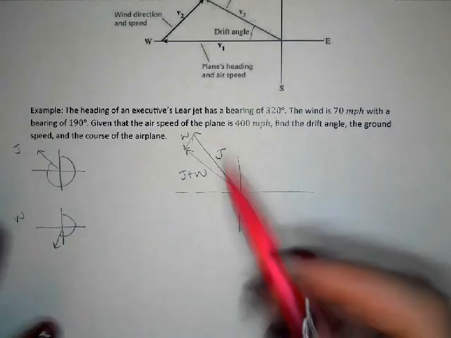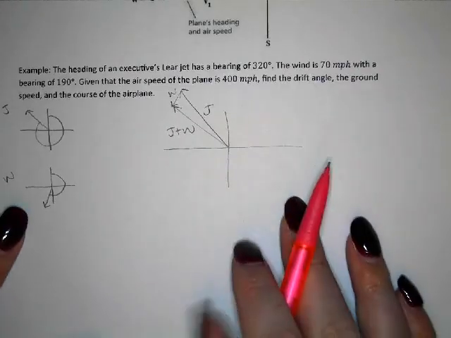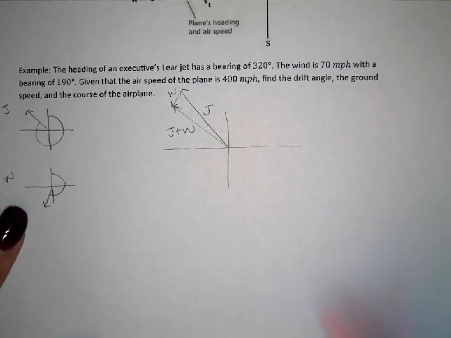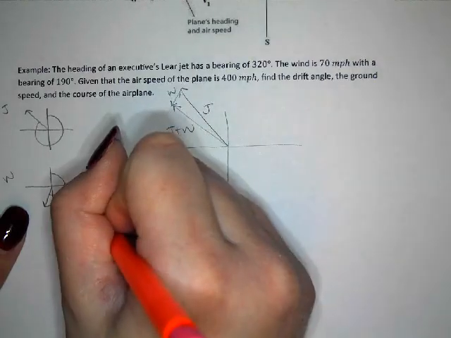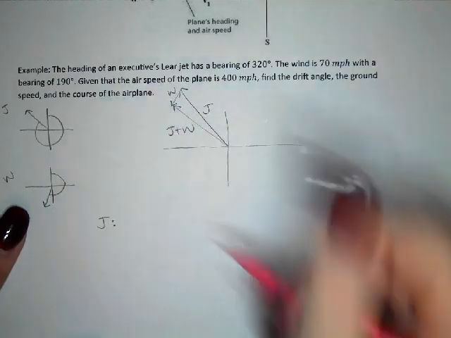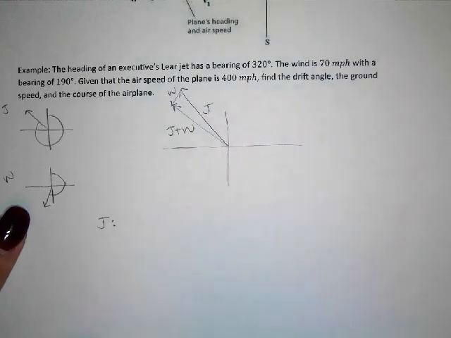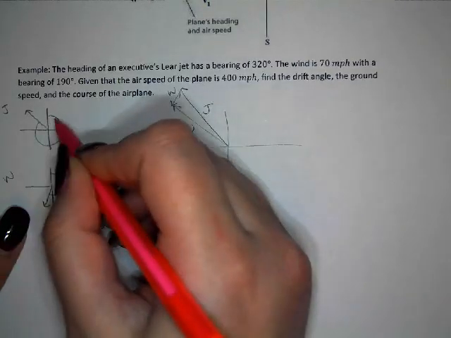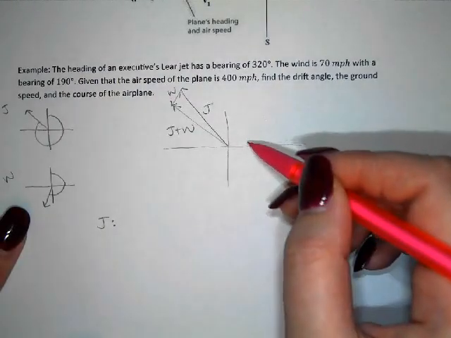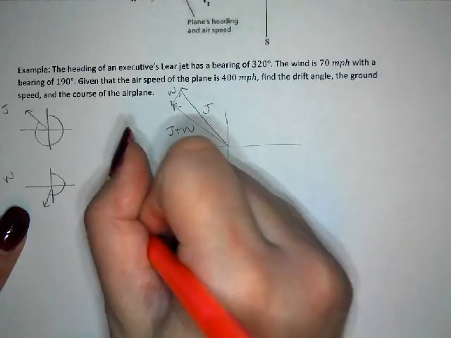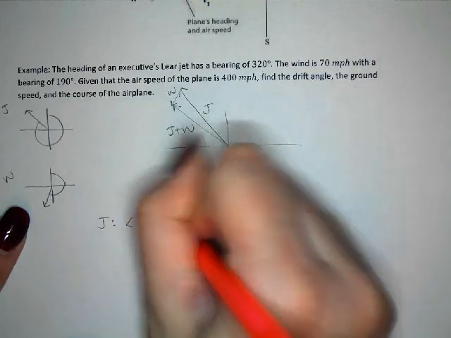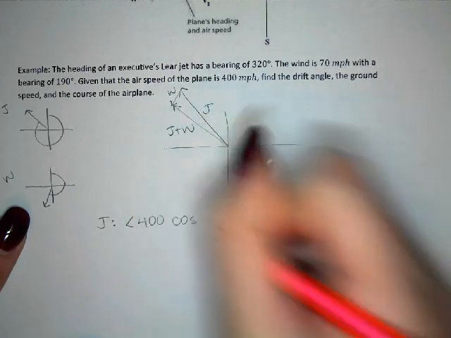I have the magnitude, and remember when we do this, we have to think in terms of math. So this is bearing, but over here now I have to start thinking in terms of math angles. So I'm going to have 400 cos, and then I can't use 320 because that's a bearing angle. I have to think of it in terms of math angles. So if this is 320, that means there's 40 degrees left to get to 360.